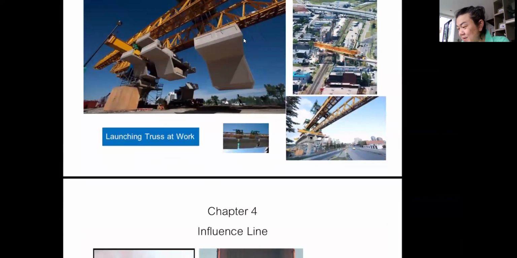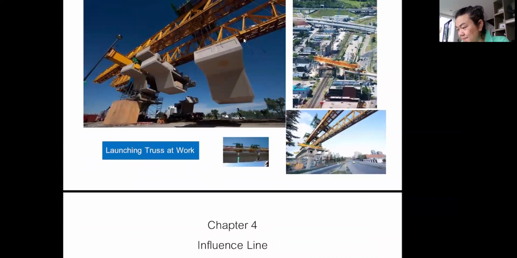Now this is a segment of the structure for the train. You can see that's a launching truss. You can see here the launching truss, and you see the size of the road underneath it. Okay, so it's pretty huge. So you can see the segment will move, the loads can move, and some of the loads will move.